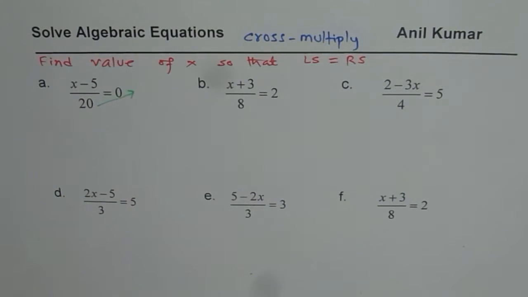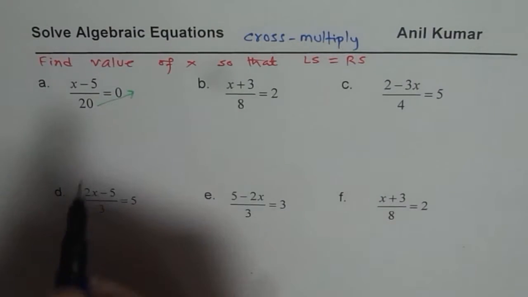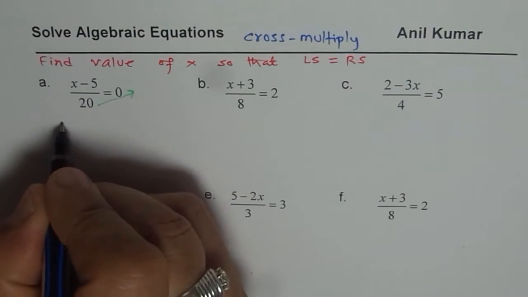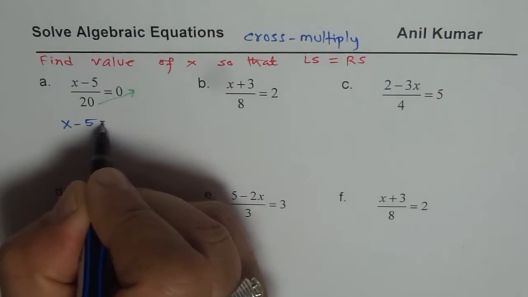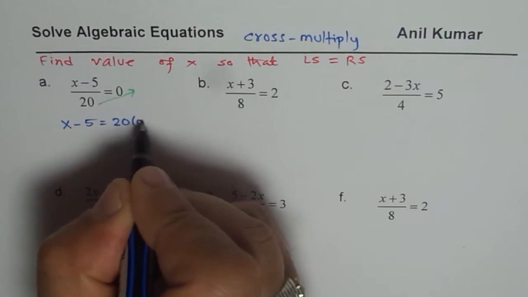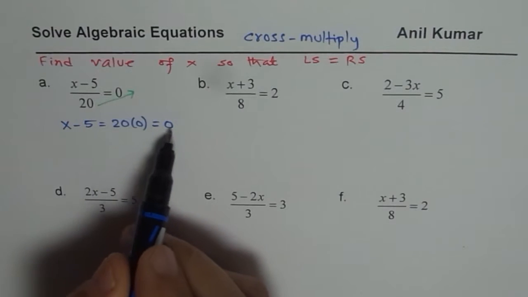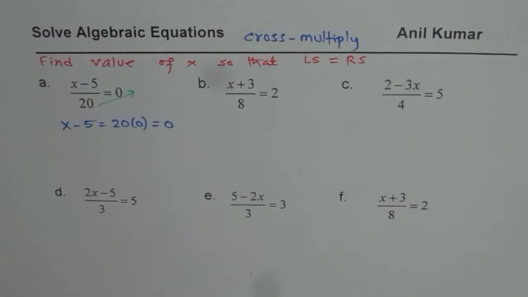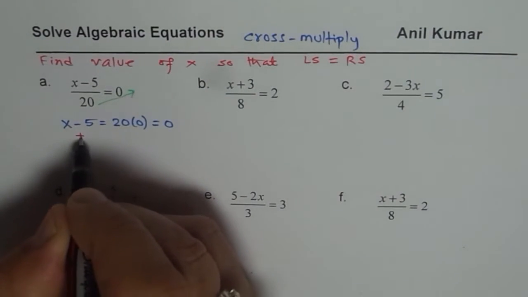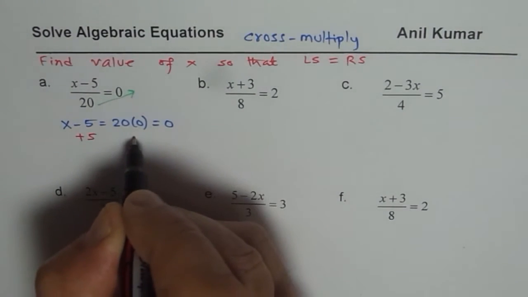So that's the strategy. When I cross multiply, I get x minus 5 equals 20 times 0, which I know is 0. And now I have x minus 5 equals 0. This becomes a simple linear algebraic equation which you can solve by 2 different techniques. You can add 5 on both sides. That is the first technique, right?